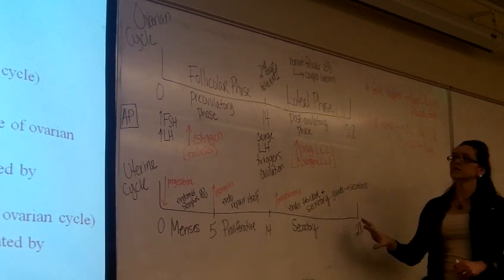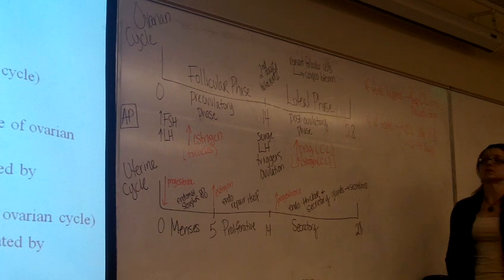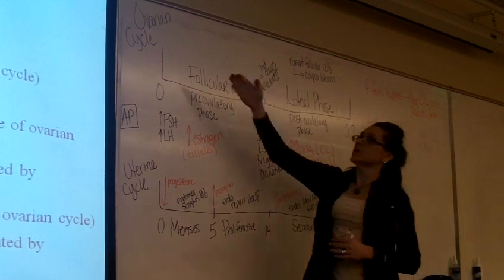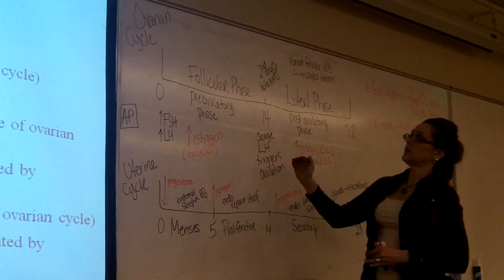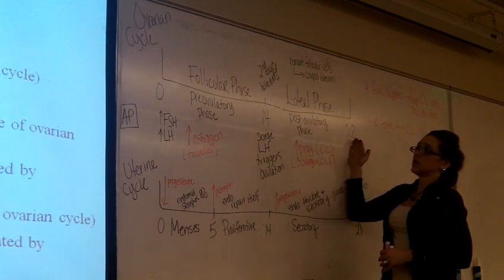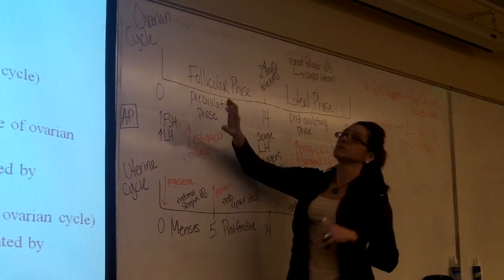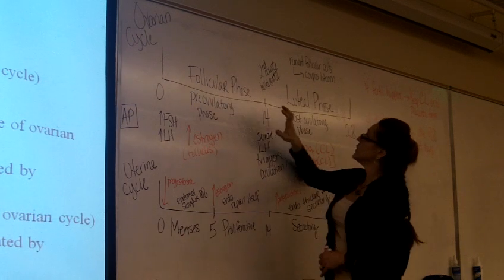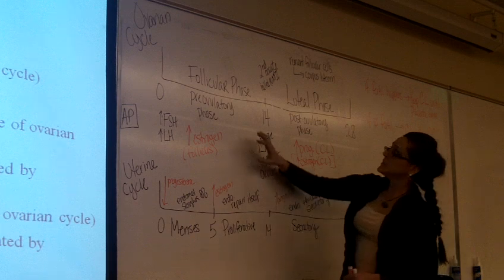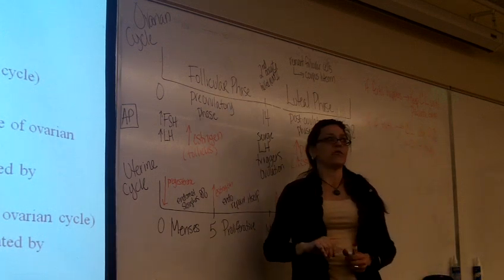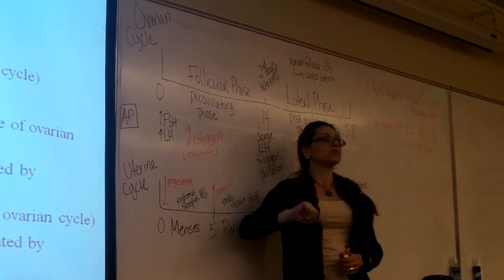So when you're learning these cycles, what I suggest that you do is draw out a little timeline, put the different dates on here. First, put the different cycles. So the ovarian phases. Ovarian cycle, you've got the follicular phase, the luteal phase. Say what's happening in the follicular phase. That's when your follicles are maturing.